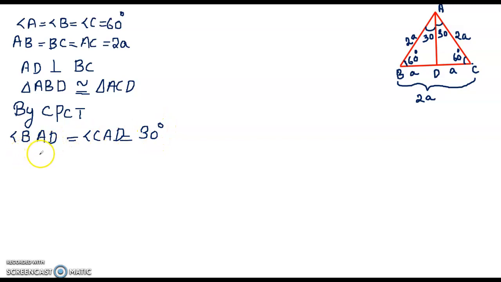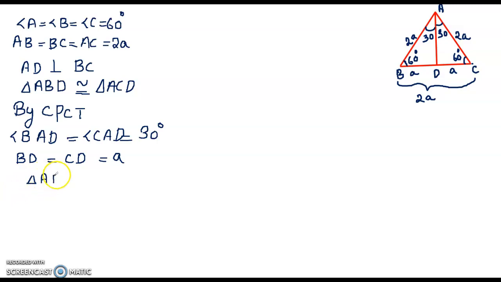These two angles are equal, which is equal to 30 degree. Then from the figure it is clear that side BD equal to side CD, which is equal to A units.